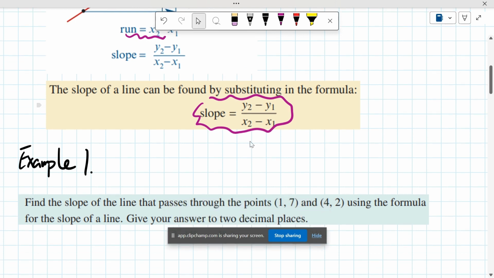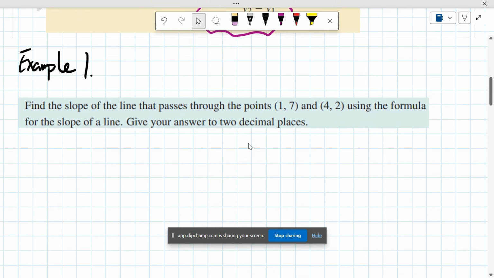For example, we're given the 2 points (1, 7) and (4, 2). We start with x1 equal to 1, y1 equal to 7, x2 equal to 4, and y2 equal to 2.